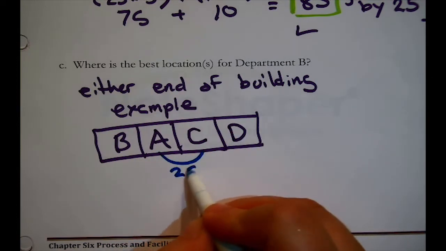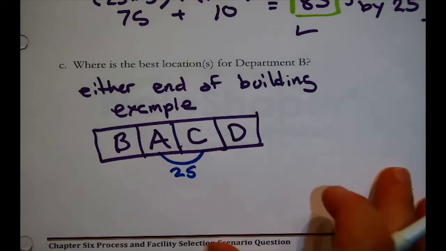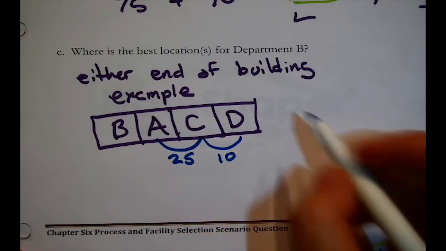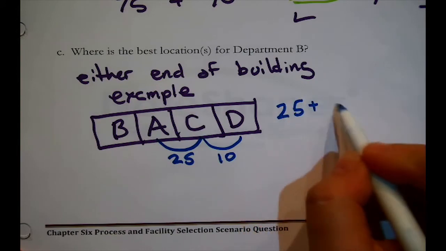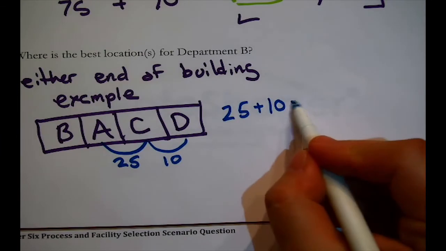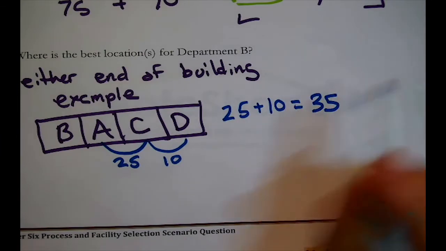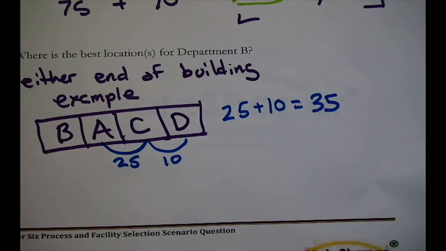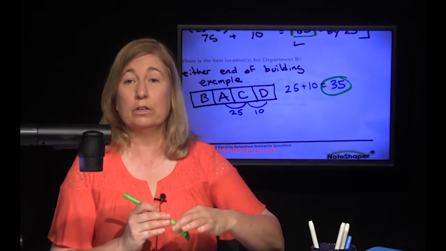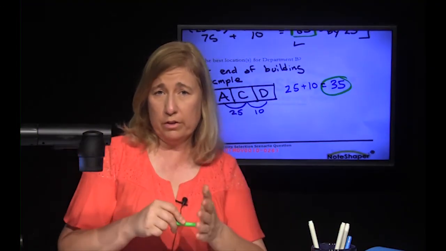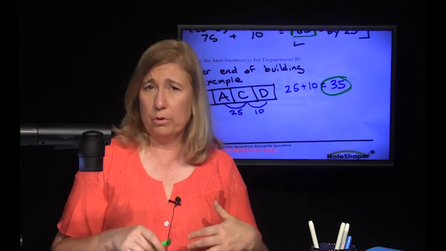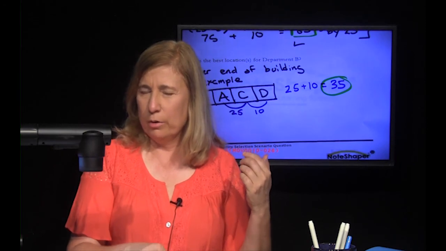There's your 25 people going between A and C, and your 10 people going between C and D, so the load distance score is just 25 times 1 plus 10 times 1, or 35. Yeah, put B at the end of the building. And if you're looking for the best layout, notice the 35 is substantially better than where we started. I don't think you can get it to go any lower than that.